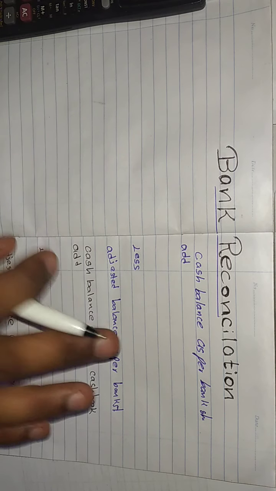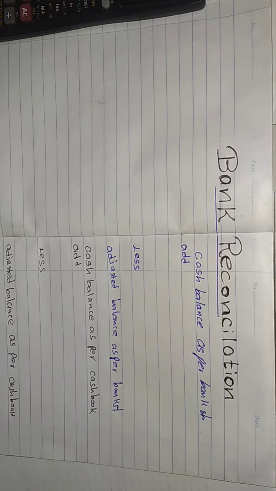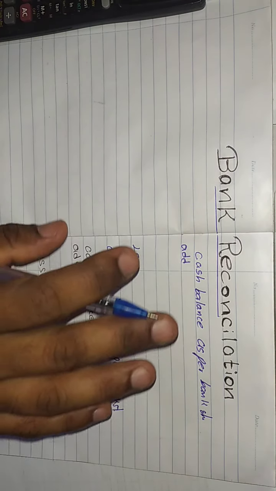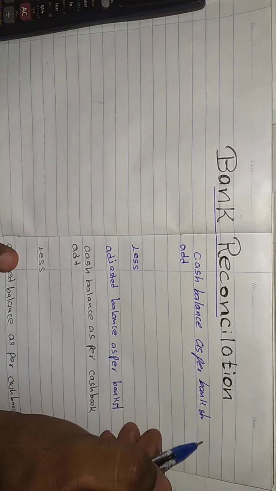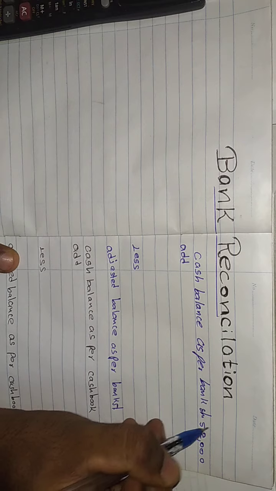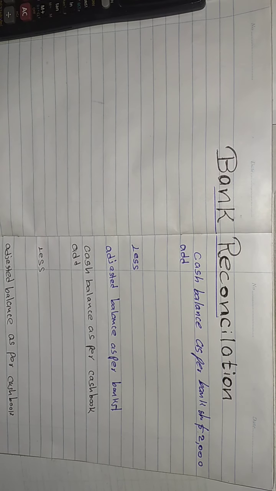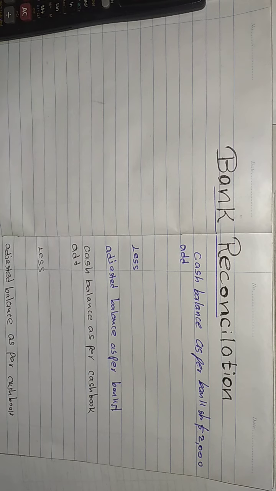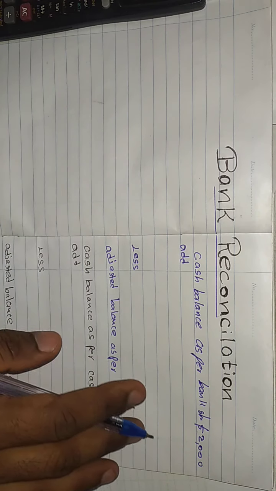Okay, now we are looking at our bank statement, and our bank statement shows that we have $2,000. We have a little example to identify the process of the bank reconciliation. So the bank statement balance is showing $2,000.